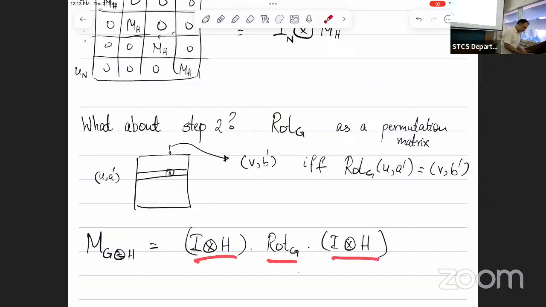You can't decompose Rot_G as a permutation on G tensored with something, it's unclear how the labeling would work. I don't think there is a way of decomposing that in any nice way. So this is a random walk matrix that we have managed to write down.